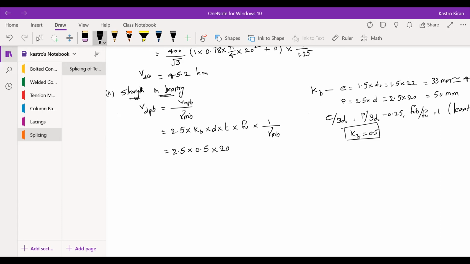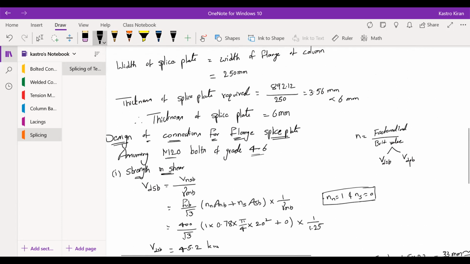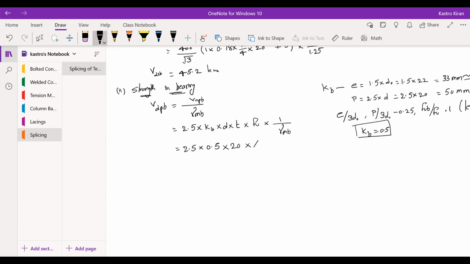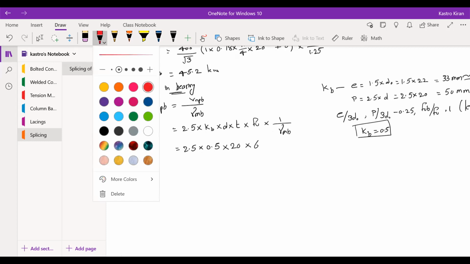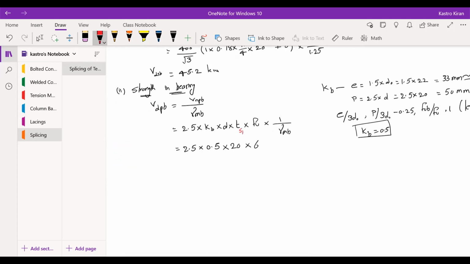D is the diameter of bolt, which is 20. And here, T is the thickness of the splice plate, which is 6 mm. Now into FU, which is 410, into 1 by 1.25.